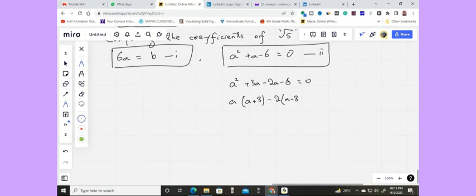Just pick up equation number 2 and factorize and get the two values of your a, because equation number 2 is containing just one variable, that is a. So just try to factorize it. Get the two answers of your a here. You can see I'm doing the work. You can take the guidance here.